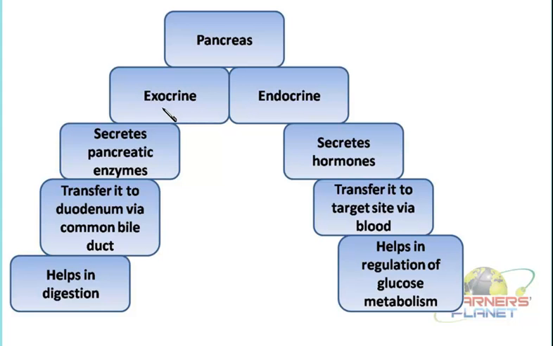Exocrine glands secrete their messenger chemicals and transport them to the target site through a duct. They are not simply releasing it into the surroundings, nor is it diffused out to a particular site. They are targeted to a particular site through a tubular structure known as a duct.